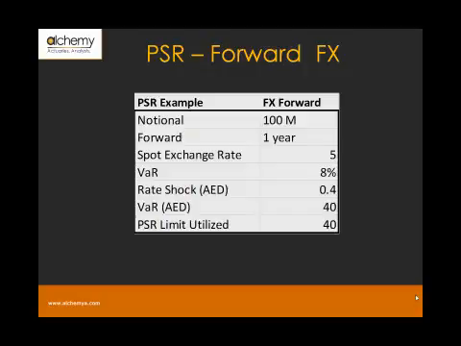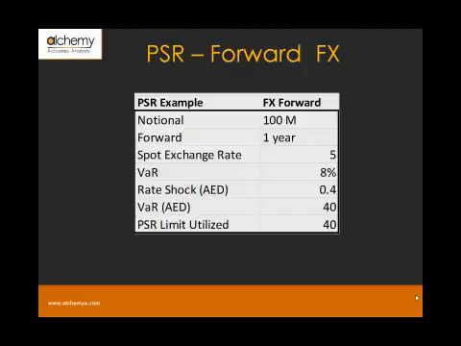In the second instance, you will pay 500 million for something which is worth 460. Where's the risk? From the counterparty's point of view, there is a risk that you will not pay 500 million for something which is worth 460. From your point of view, there is a risk that the counterparty will not accept 500 million for something which is worth 540. Right? So in both cases, the rate shock in question is 0.4.